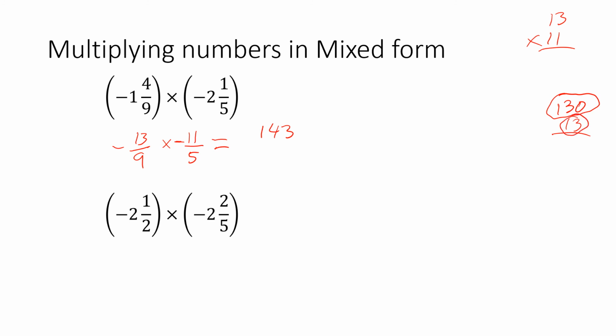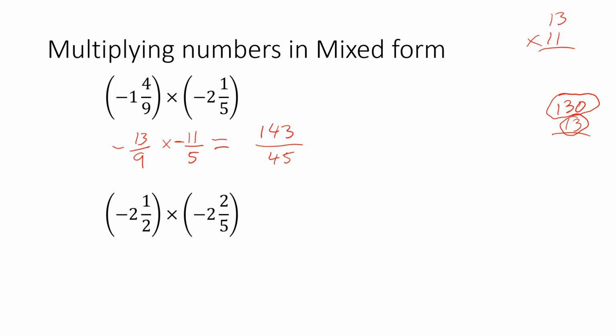So I add these things up, and I'm like 143. So that's kind of how I do some of this math right here. So anyways, 143, negative times a negative is a positive. And then 9 times 5 is 45. Okay.